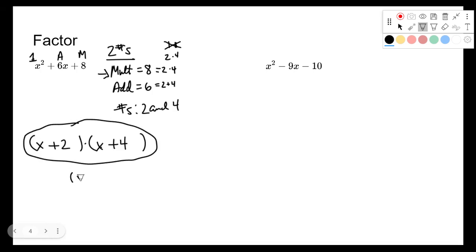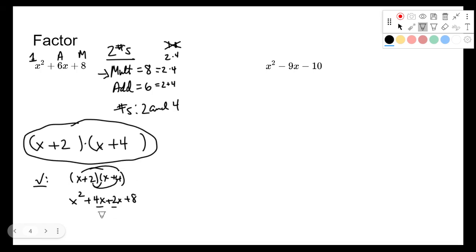Let's check it. If I multiply it through, x times x gives me the x squared. There it is. X times 4 is 4x. But now if I go underneath, 2 times x is 2x, and 2 times 4 is 8.